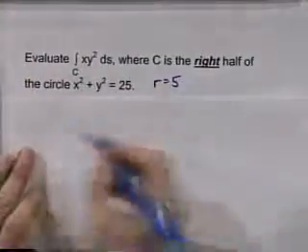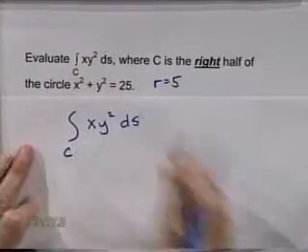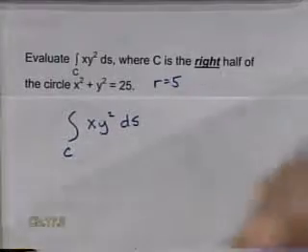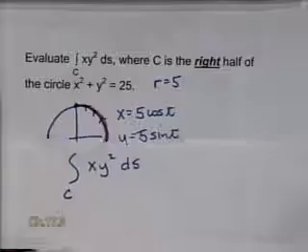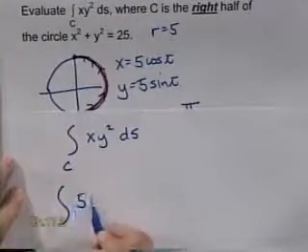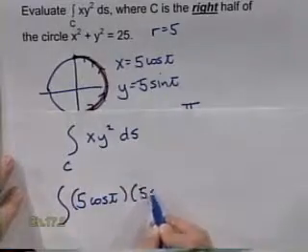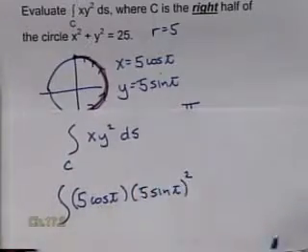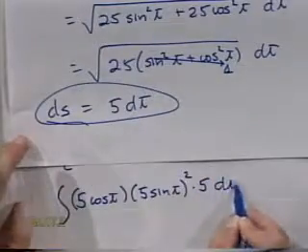So now we're ready to do our integration. Our integral is the integral along the curve of xy squared ds. And so therefore, where I see x, what do I replace it with? I replace it with 5 cosine t. Where I see y, I replace it with 5 sine t. And where I see ds, I just figured out a few minutes ago, ds was 5 dt.